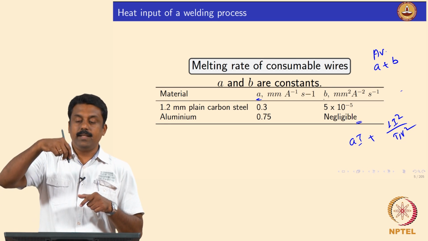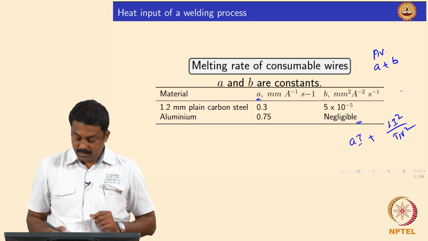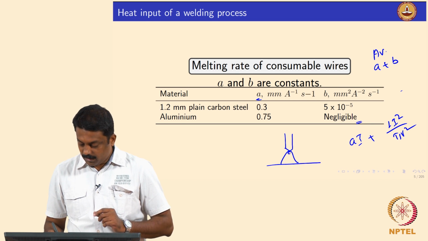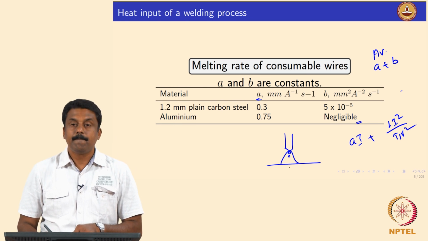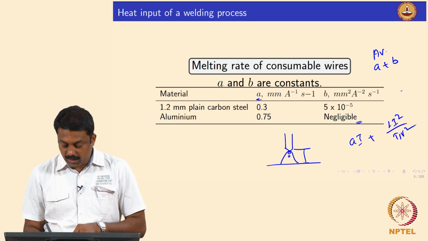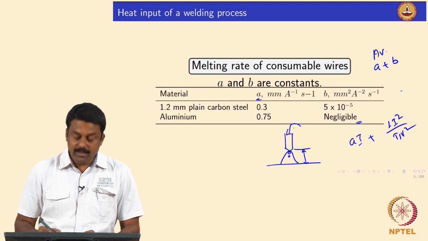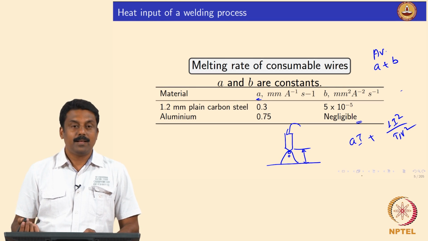So, suppose you are melting and you want to keep the arc length constant. Suppose this is my wire and I am making an arc, and it is constantly melting and transferring to the workpiece. Now, if you want a constant arc length, the wire feed rate should be the same as the melting rate, right.